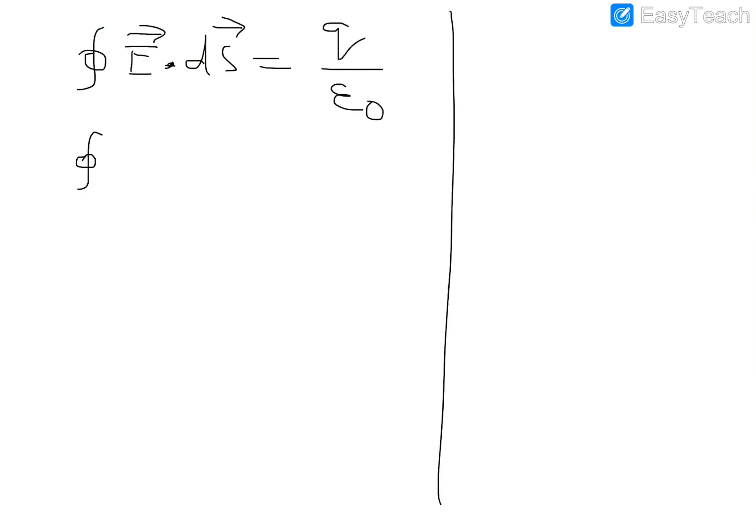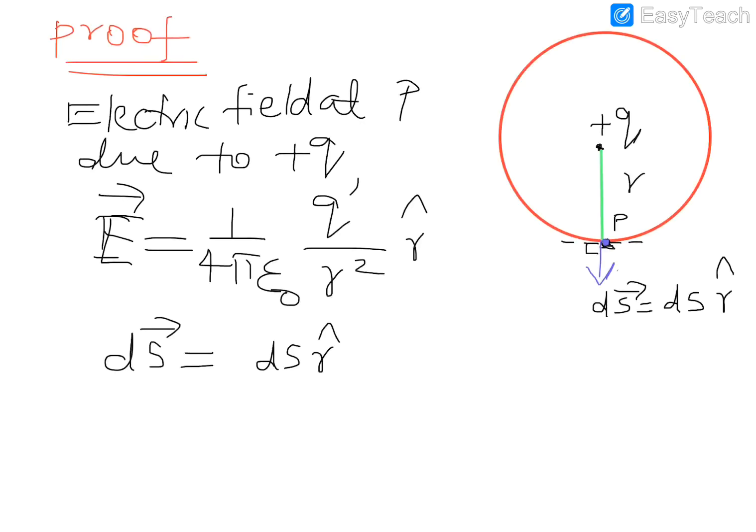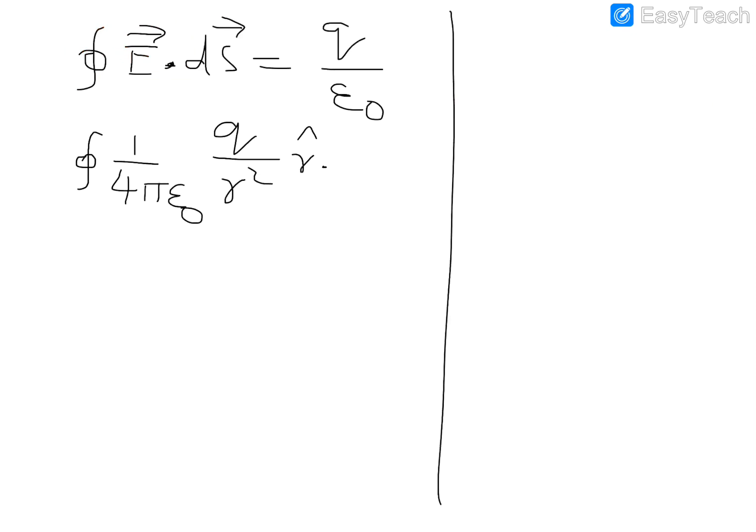So E is 1 by 4 pi epsilon 0 q by r square into r cap, dot ds. The ds vector is ds into r cap, so you can substitute ds into r cap here. Now r cap dot r cap: as you know from vector algebra, i cap dot i cap is equal to 1, j cap dot j cap is equal to 1, k cap dot k cap is equal to 1.